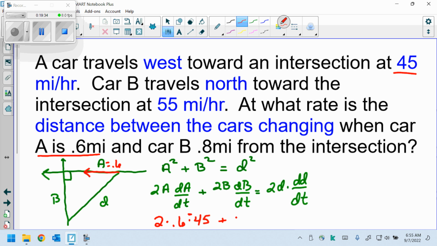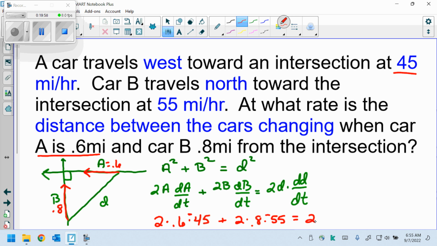Plus 2 times b. Well, b at the magic moment is 0.8 miles, and it is traveling at 55 miles an hour. And b also is getting smaller, so we have to consider that one to be negative. 2d.